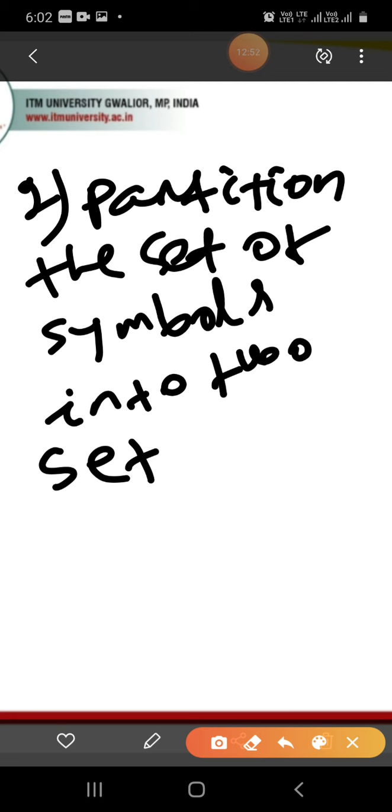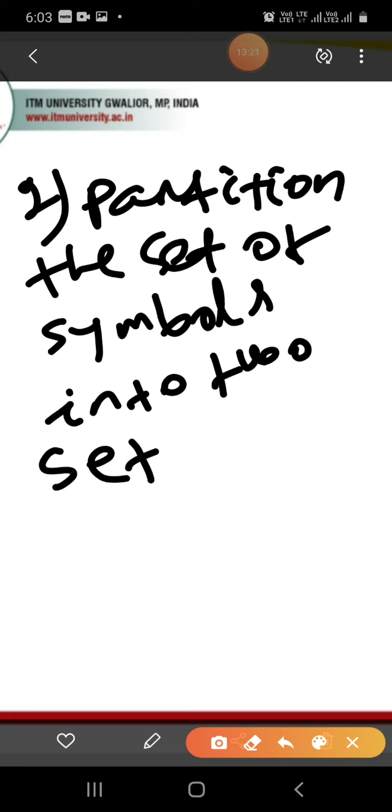We have to partition the total symbols into two sets which are as close to being equiprobable as possible.